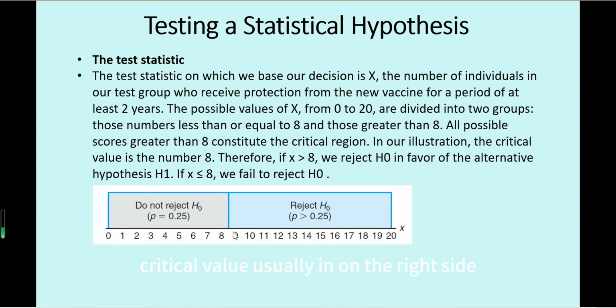The critical region is usually on the right side, and on the left side we do not reject the hypothesis. In the critical region, we reject H0 and accept the alternative hypothesis. We accept H1, right? So this is the basic process of hypothesis testing we have talked about so far.